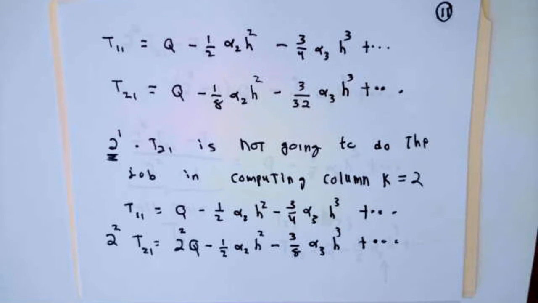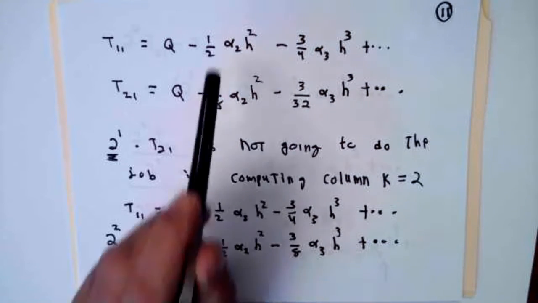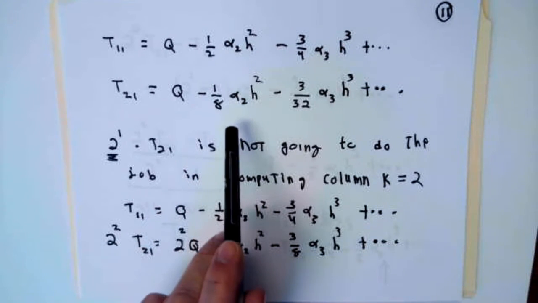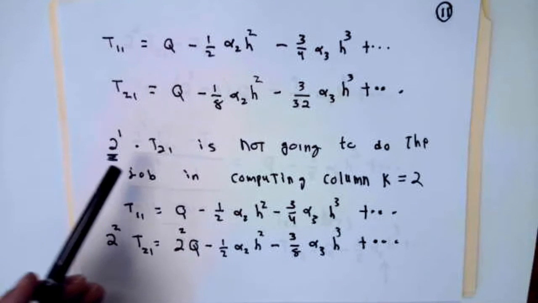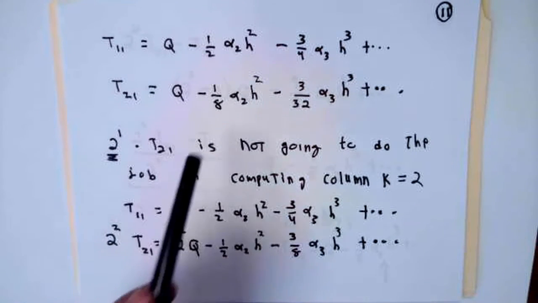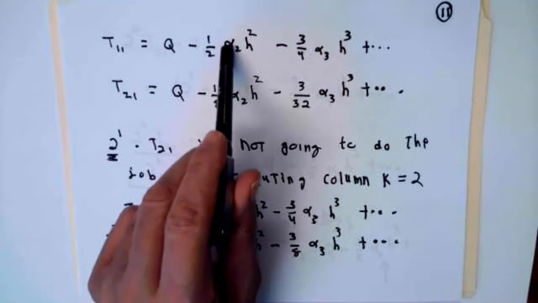So let's write down what T11 and T21 are. We have previously calculated these quantities, so we don't have to do it again. This time there's a difference, though. This quantity is different from that quantity, but it's not different by a factor of 2, it's different by a factor of 4. So doing 2 to the 1 power times T21 will not make these terms match up.